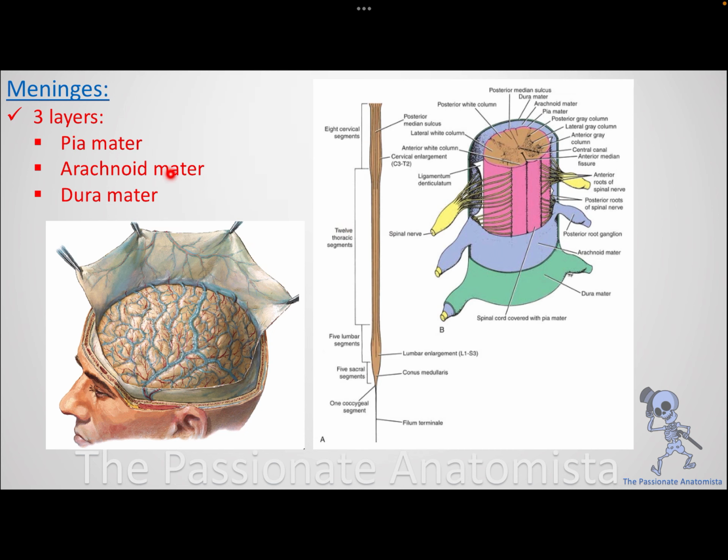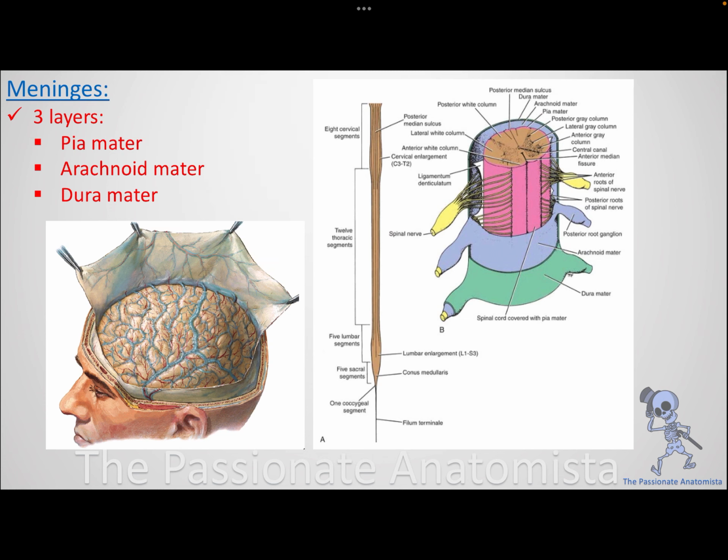We have arachnoid mater that fills in the gap between the dura mater outside and the pia mater that is closely and intimately attached to the spinal cord, wrapping around the spinal cord and the brain very, very intimately.